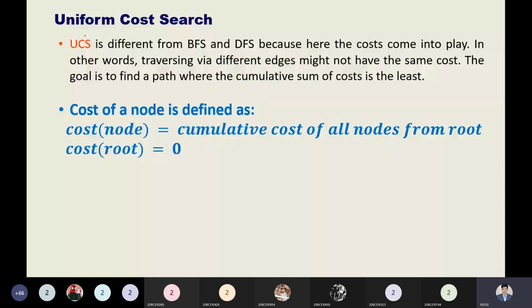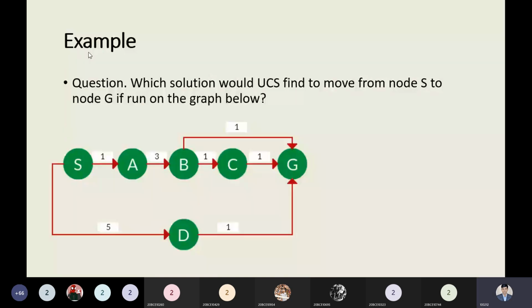Can anyone tell me this example? Are you able to solve this problem? The weights or distances are mentioned over here. Okay, I will design the graph in a simple way, and you tell me the answer.